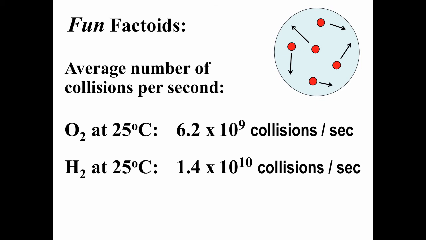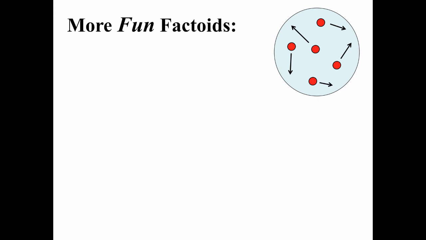Kind of hard to wrap your head around just how frequently these molecules collide with each other. So even though they're far apart on an atomic scale, a molecular scale, they really are traveling very fast, and they don't have very far to travel.